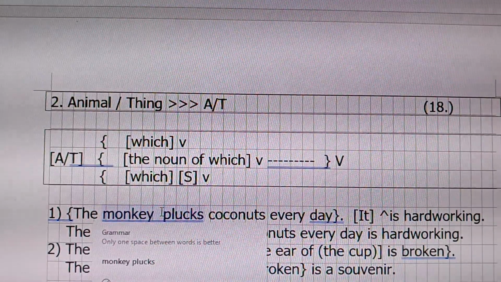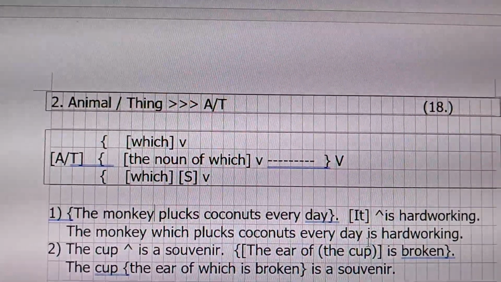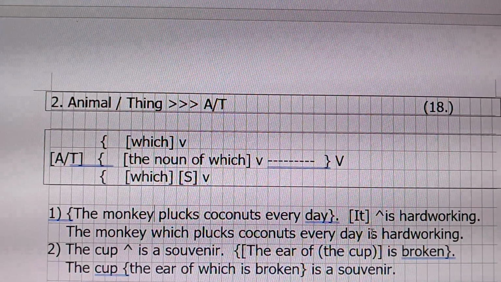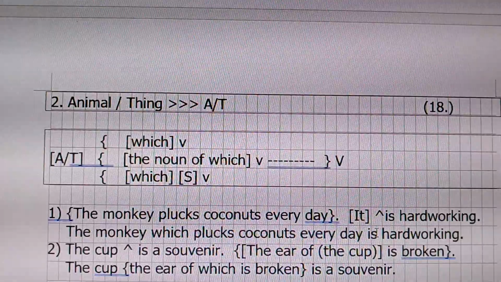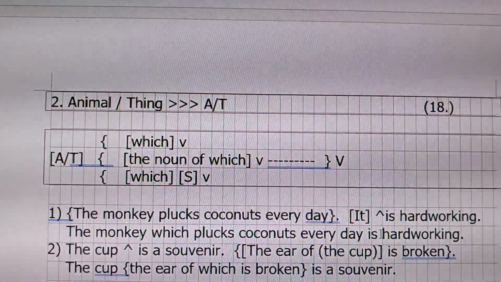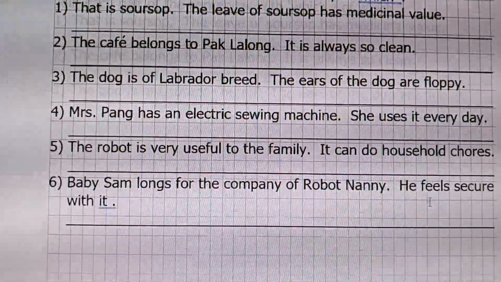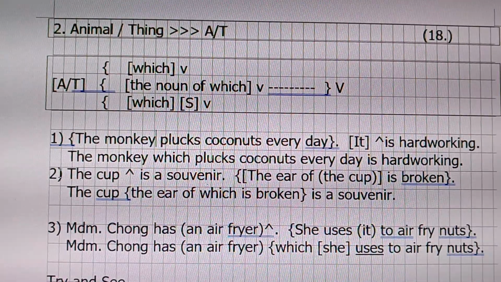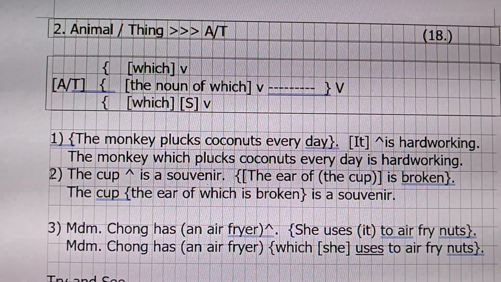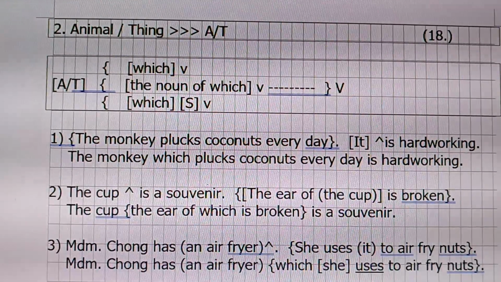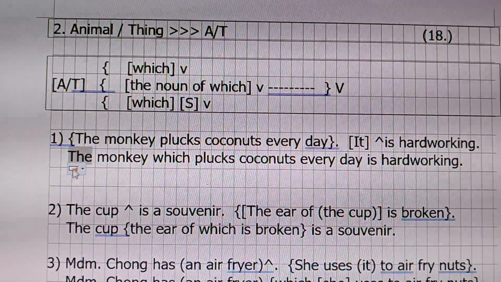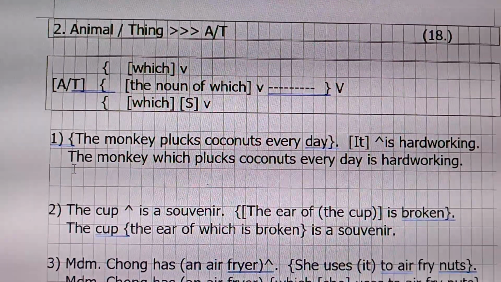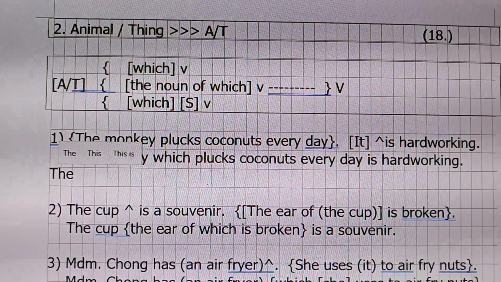Can we do it in another way around? Let's see. The monkey which is hardworking plucks coconuts every day. It also makes sense. Does it make sense? Alright. If it also makes sense, it doesn't matter which one is used as the main clause.